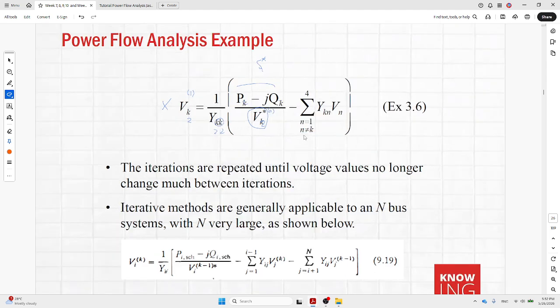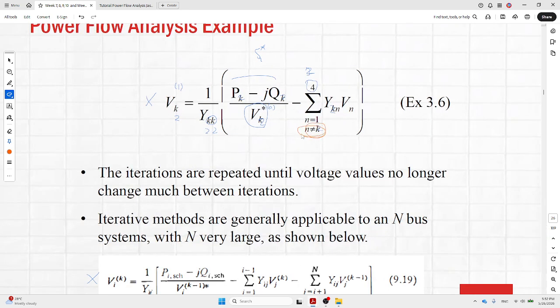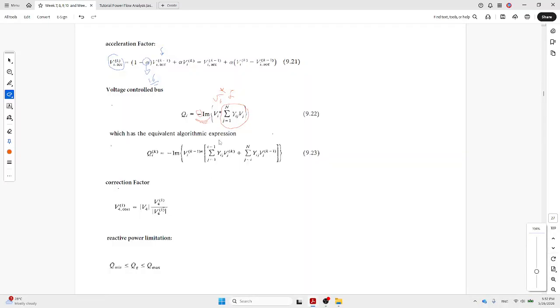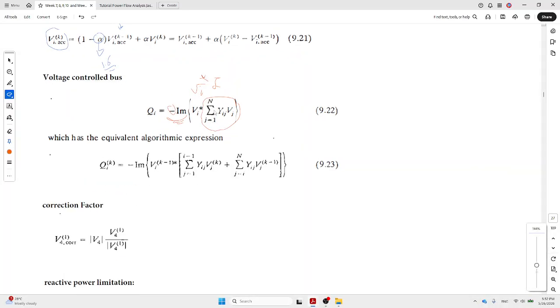We don't consider the self value, as you can see here, also shown by k. But for the next one, which is Q, we must consider it from 1 to n. So k or i must be considered, whatever it is. The self one is also considered.